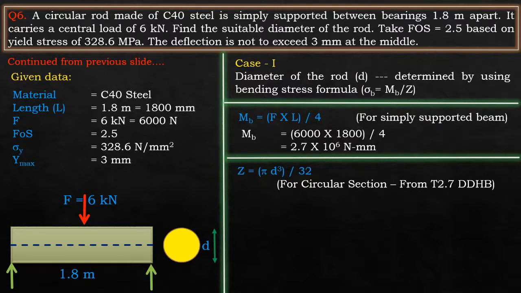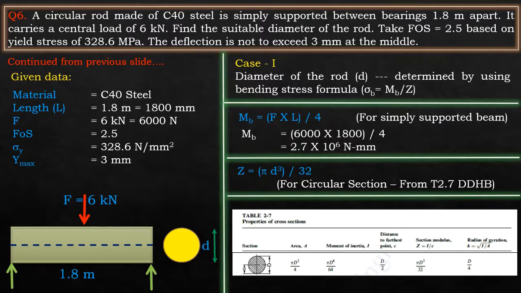of the cross section. For a circular section, from table number 2.7 in the design data handbook, the equation for section modulus is Z is equal to pi d cube by 32. So this is the equation which we'll be using for the circular section.